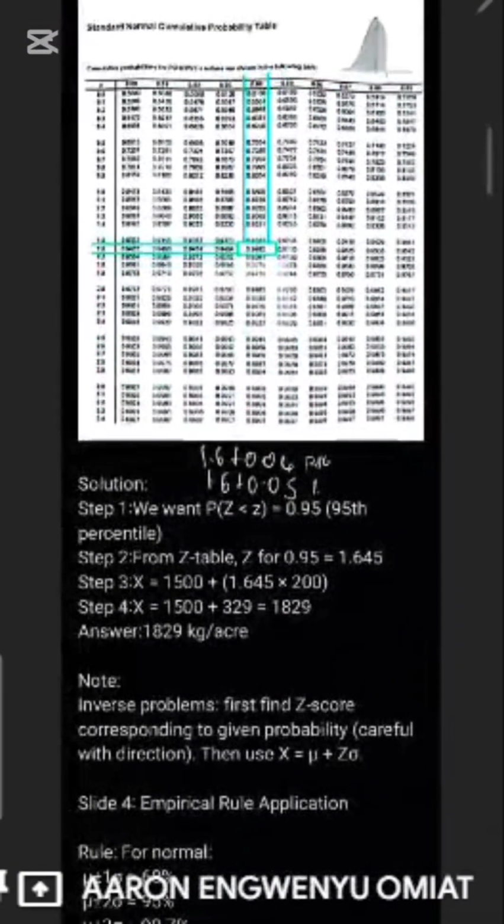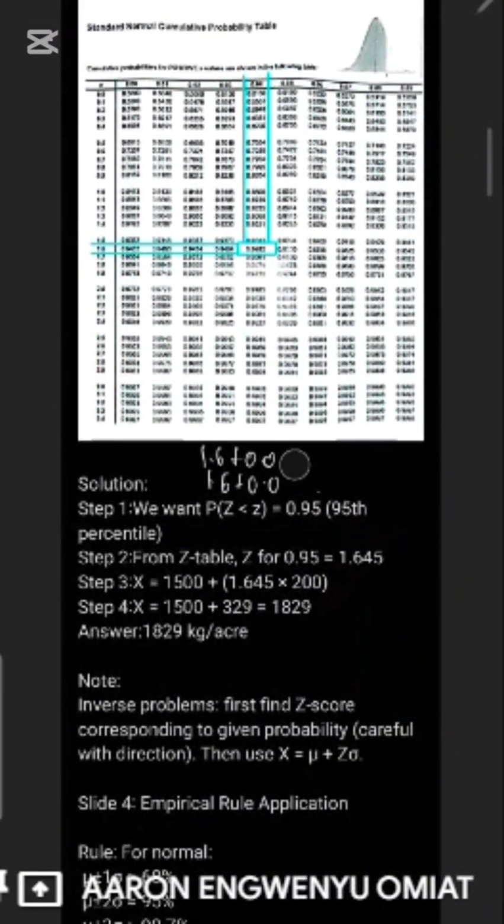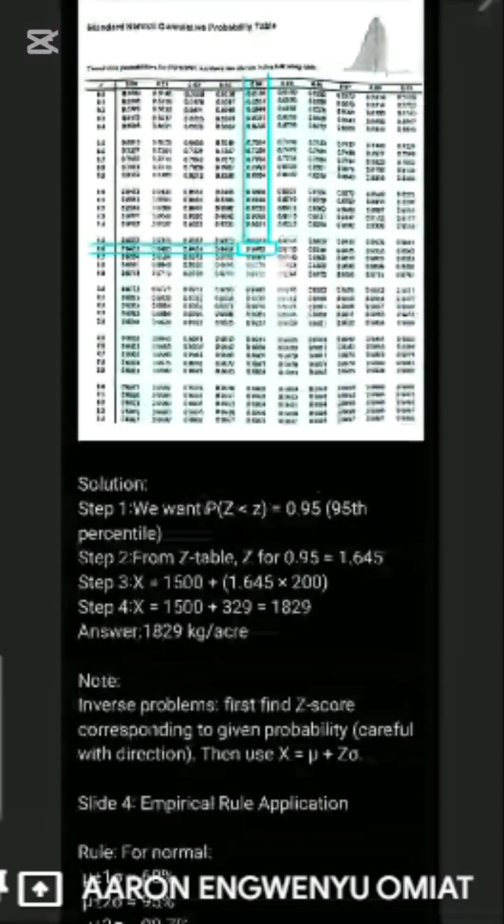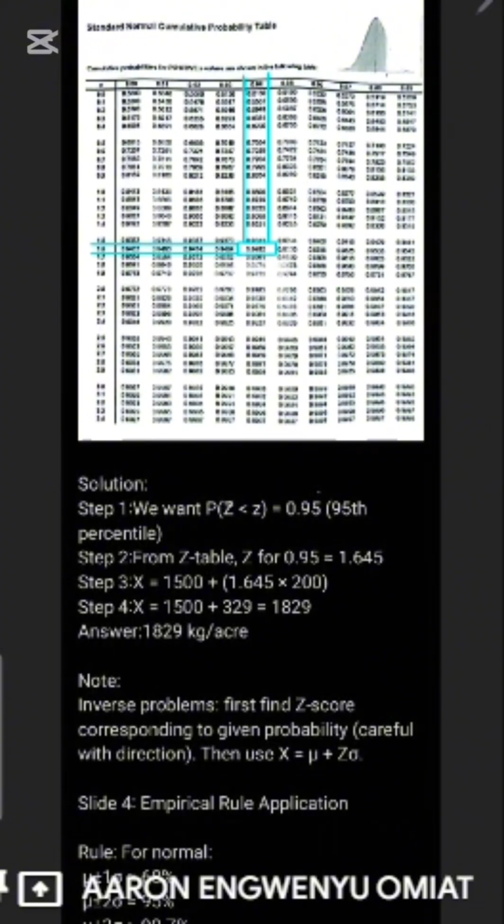All right. So what we did, the first thing we did was we want the probability of Z less than 0.95. We are looking for the small z. From the Z table, Z for 0.95 is approximately 1.645.